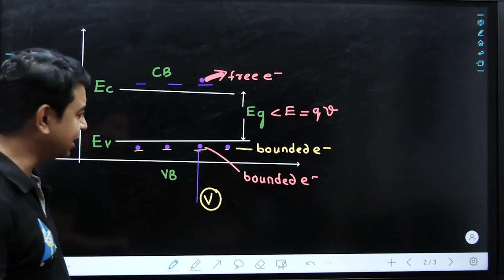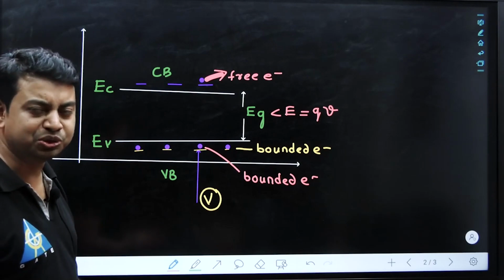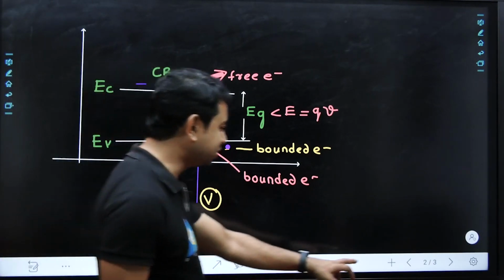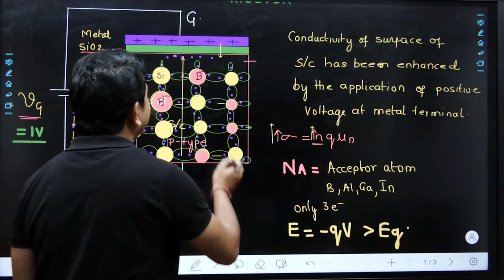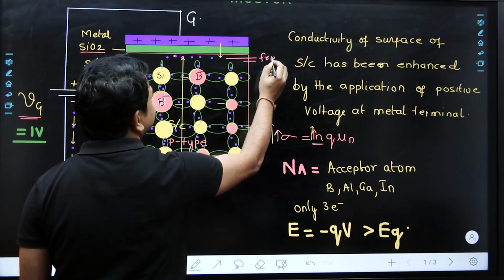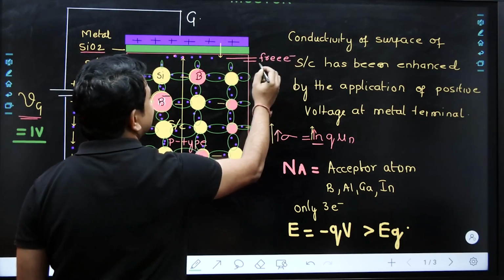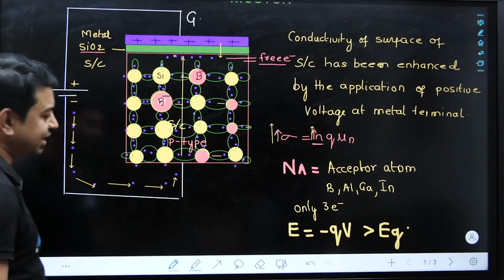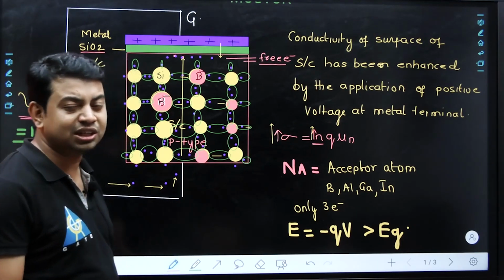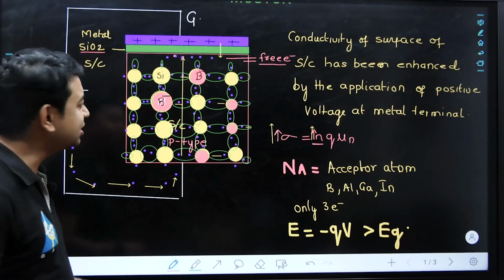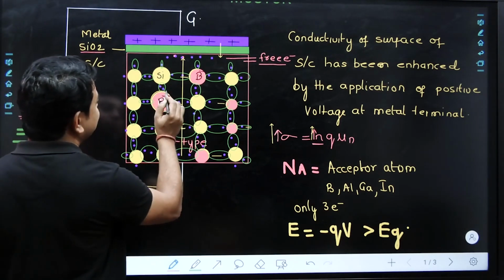If the electrons become free, we can definitely use them to increase the conductivity. So the electrons increasing the conductivity here are nothing but the free electrons. Suppose this 1 volt gives an energy greater than the energy needed to release these bonded electrons.